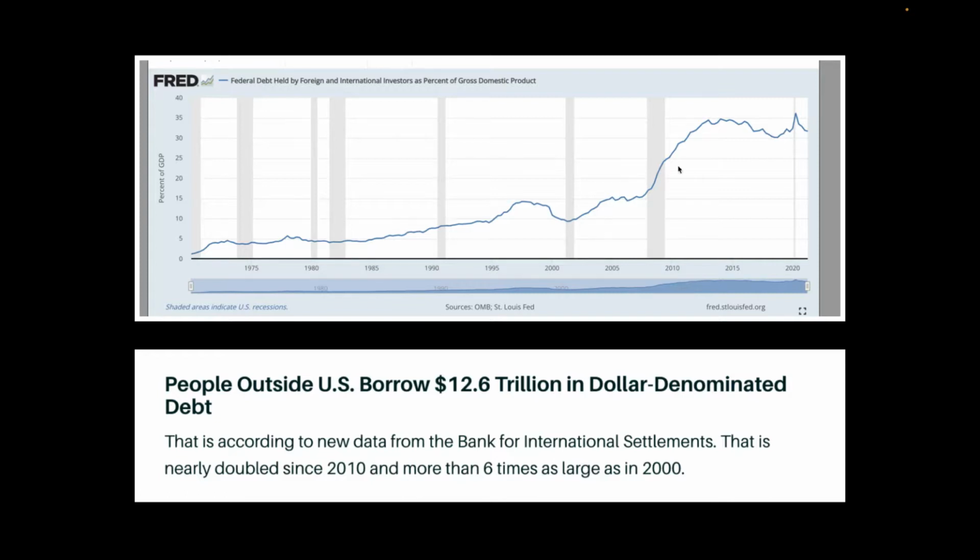And on top of that, there's 12.6 trillion and counting in dollar-denominated debt throughout the globe beyond just the US. I think this number is actually at 13 trillion and counting now. So there's a significant amount of debt globally that needs to be paid back in US dollars, and this creates immense demand for US dollars.